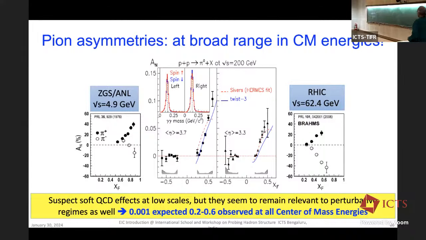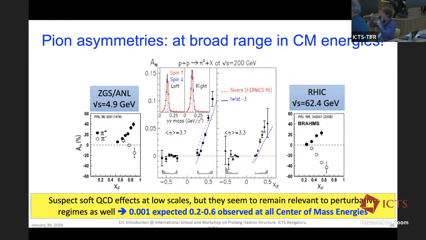A short comment: you said correctly, not only unidentified pions, but also identified pions diverge. You see pi plus, pi minus, different. This means that any orbital motion of partons that produces this split, coupling to the polarization of the incoming proton, must also be flavor dependent, because the quark content of the pi plus is different from that of the pi minus.